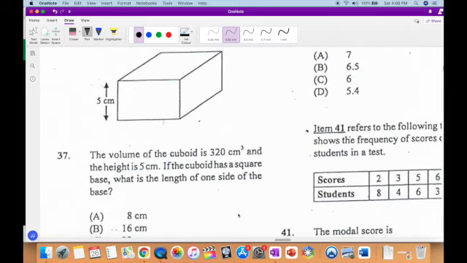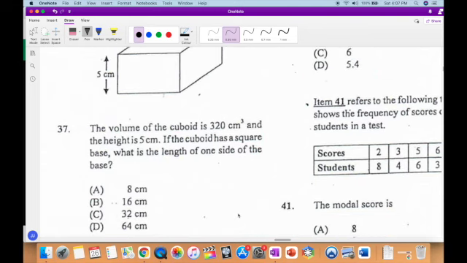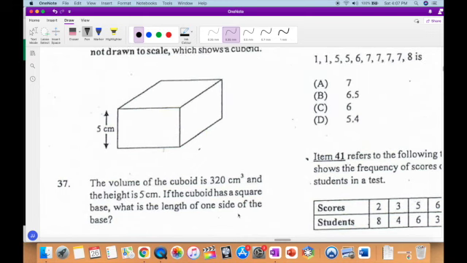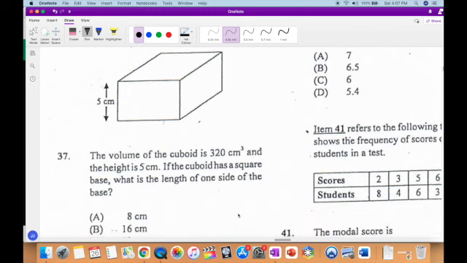Question 37. The volume of the cuboid is this, and the height is 5 centimeters. If the cuboid has a square base, what is the length of one side of the base? Right, so the volume of a cuboid, and you notice they say cuboid, right?